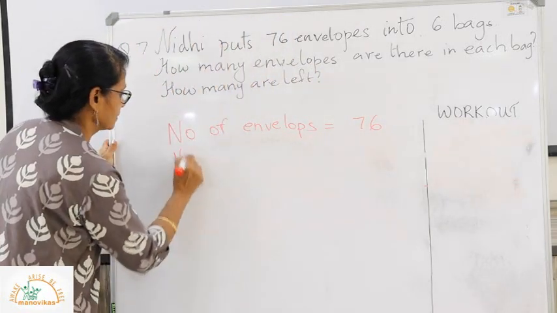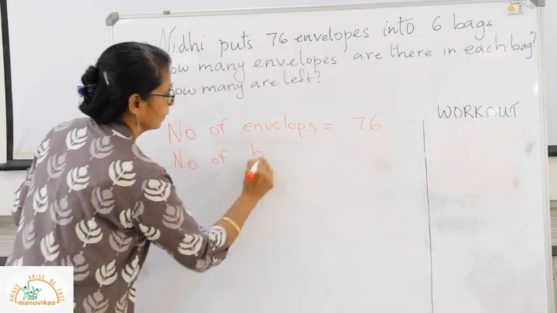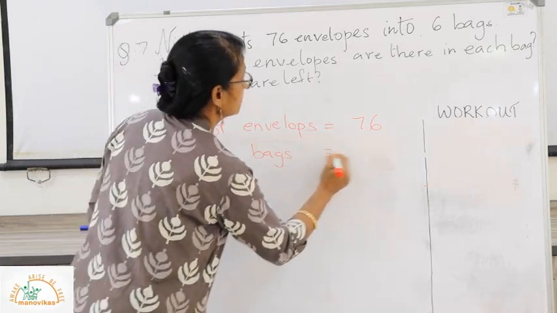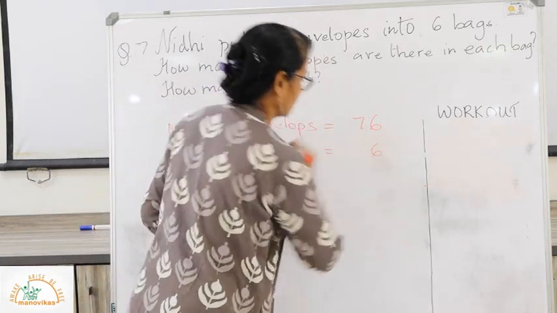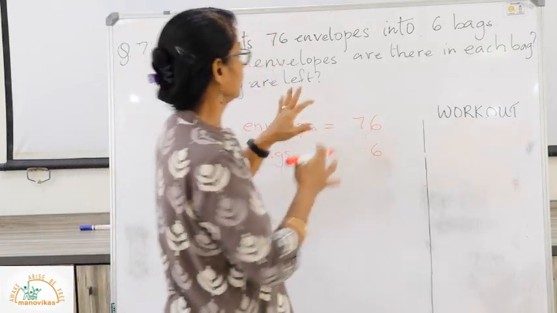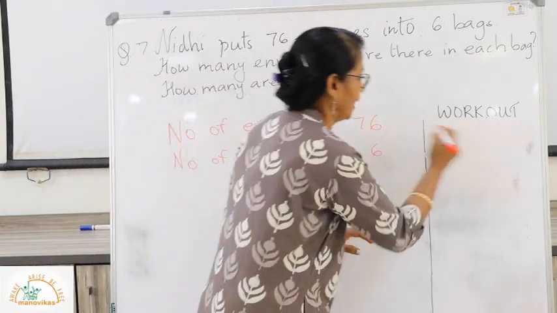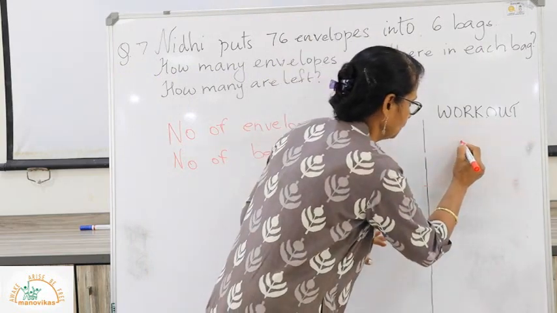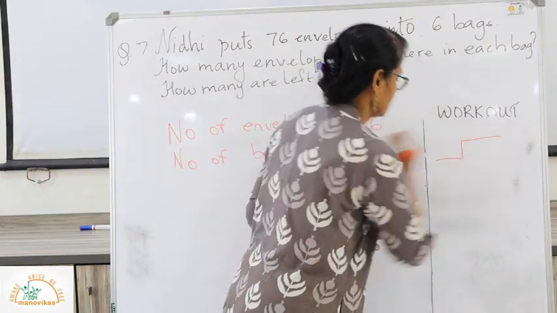Number of bags is equal to 6. We need to divide and we get the quotient, and the quotient will tell us how many envelopes are there. So let us put it in the division sign.